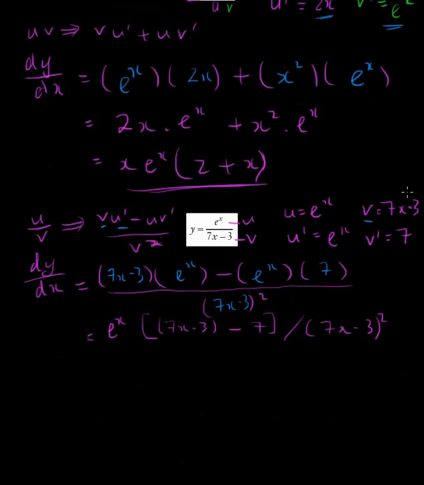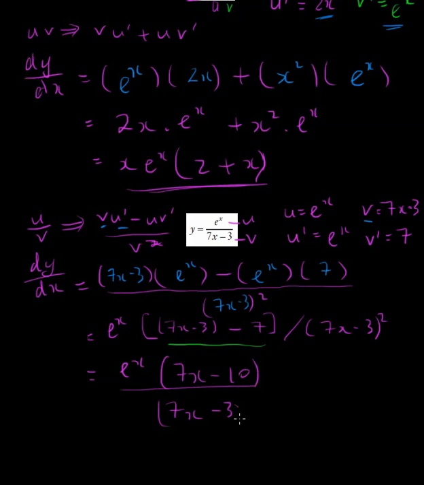If you look at the square brackets here, 7x minus 3 minus 7 gives minus 10. So this becomes e^x times (7x minus 10), all over (7x minus 3) squared.